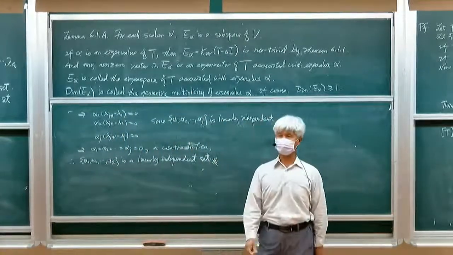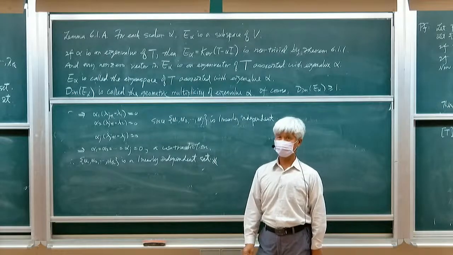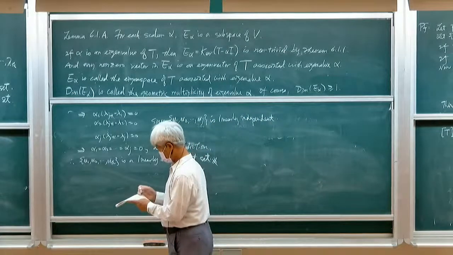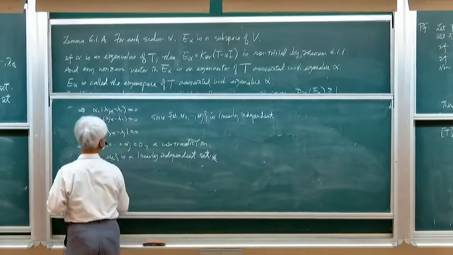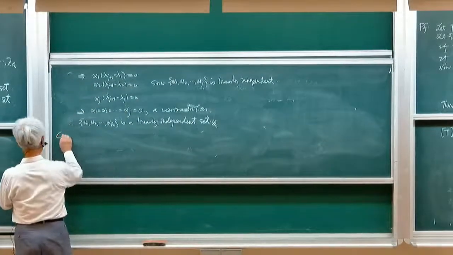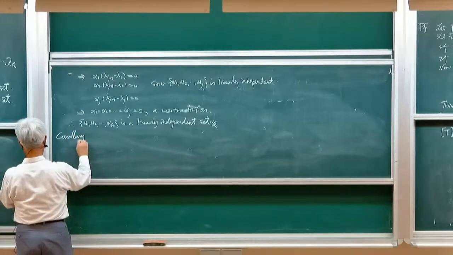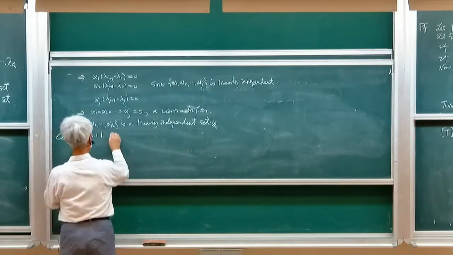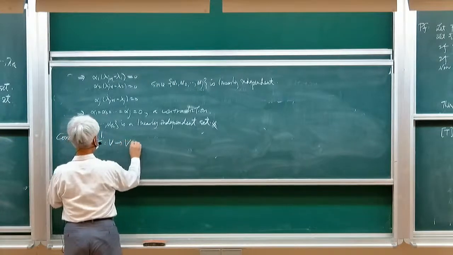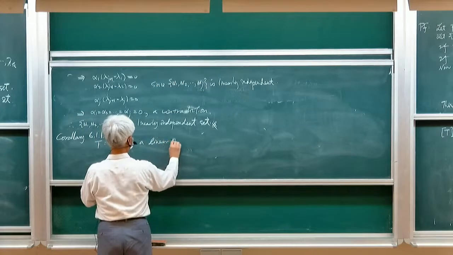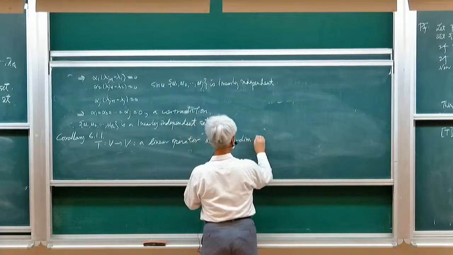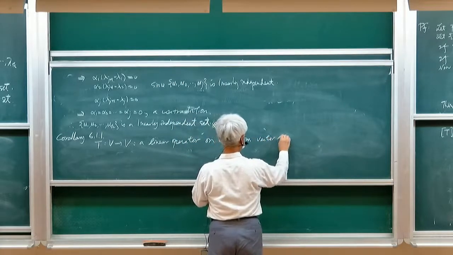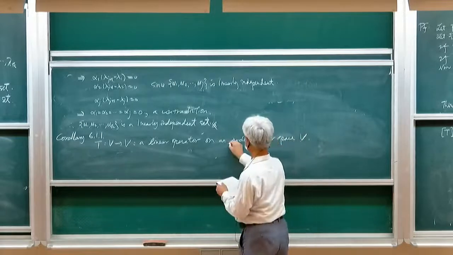Okay, the end of proof here. Okay, so a corollary is that if T is a linear operator on an n-dimensional vector space, right? Suppose we have an n-dimensional vector space.